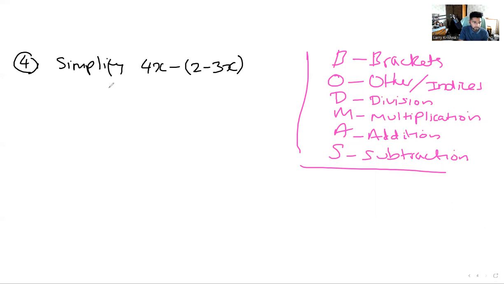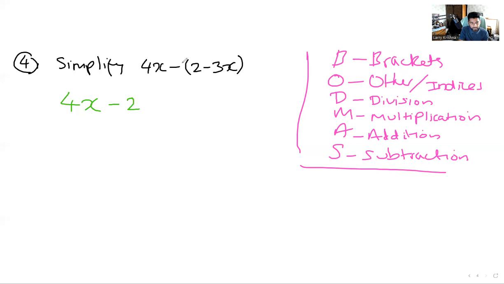Okay, so in this case, we're going to have 4x. We're not going to have the bracket anymore. So this +2 becomes a -2. And minus times minus is plus, because remember it's like -1.